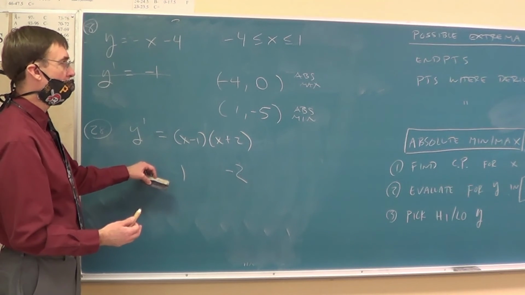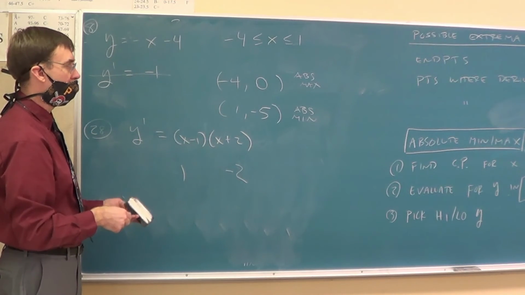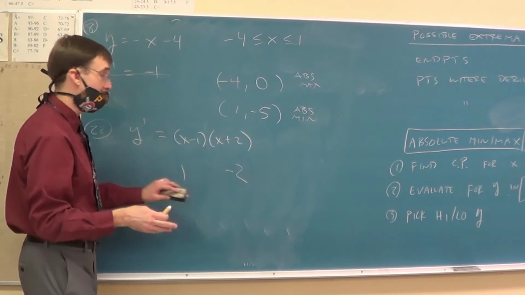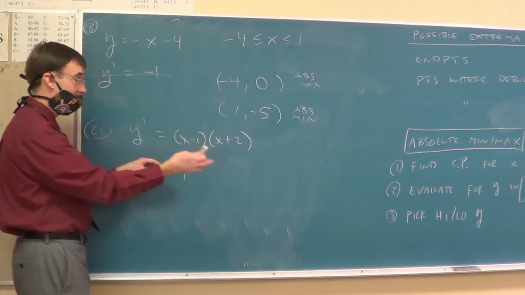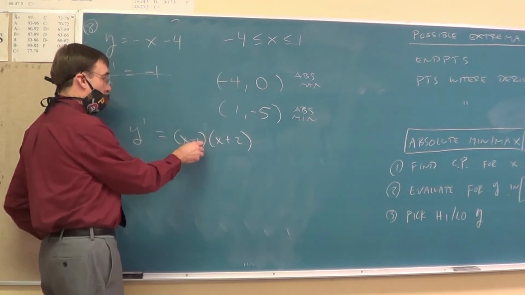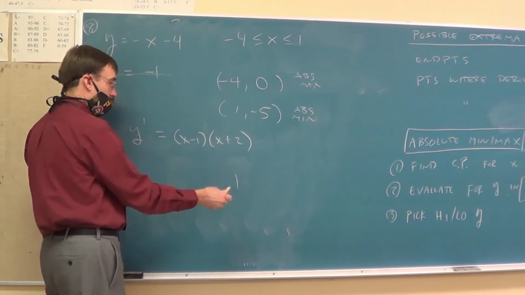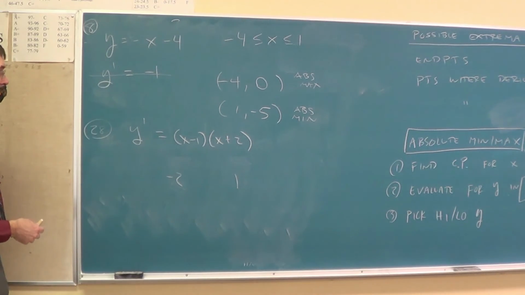Those are the right critical points. But note 1 is find the critical points and make sure that they're in ascending order. Because we're thinking about numbers in the gaps on the number line, and if we write them all out of order, we're ruined before we even start. So 1 is first, but it's bigger, so go on the right. 2 came from the other factor, but it's smaller, so we'll put it first.